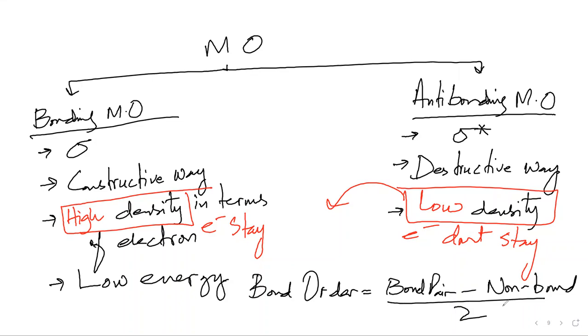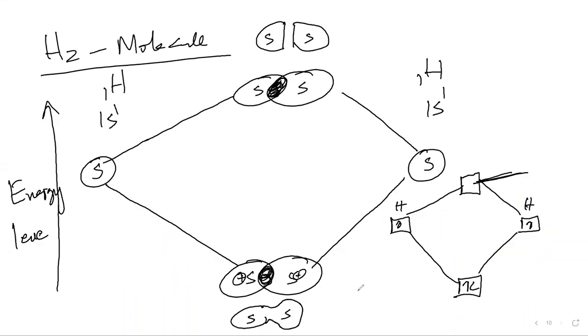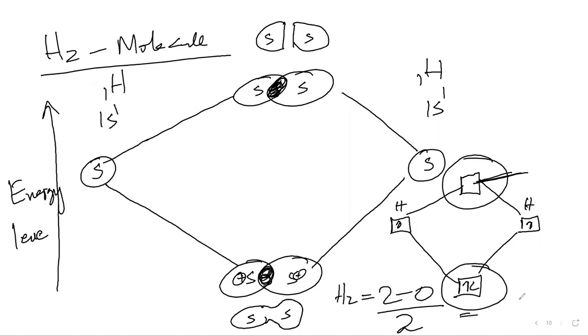So how do we calculate here? How many electrons for the bond formation? 2, for the hydrogen molecule. And in the anti-bonding orbital there is no electron. It will remain the empty orbital. So 2 minus 0 divided by 2. So the bond order is 0. Bond order is 0 for the hydrogen molecule.